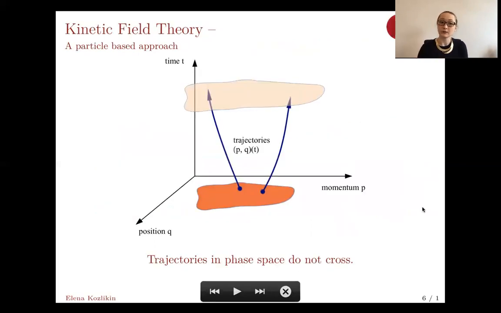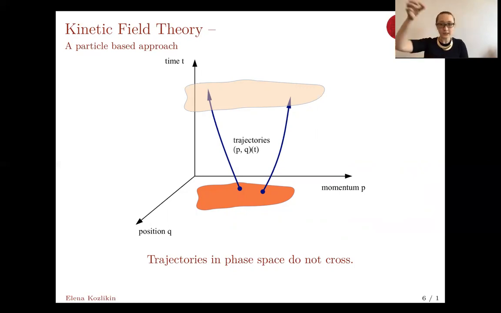Our approach is particle-based. We go into phase space and we have the phase-space distribution of particle positions and momenta. We sample this by point particles and we propagate these particles along their respective trajectories in phase space. Only after this propagation do we actually compute averaged quantities like density power spectra, velocity power spectra, and so on.